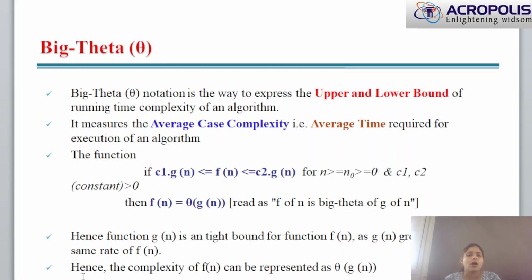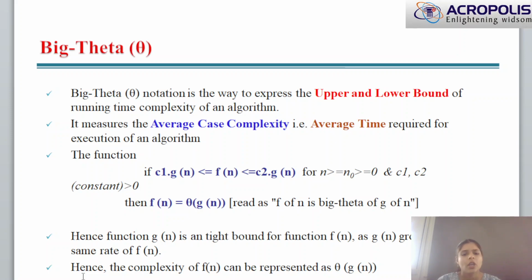Big theta. Big theta notation is the way to express the upper and lower bound of the running time complexity of an algorithm. It measures the average case complexity, the average time required for execution of an algorithm.